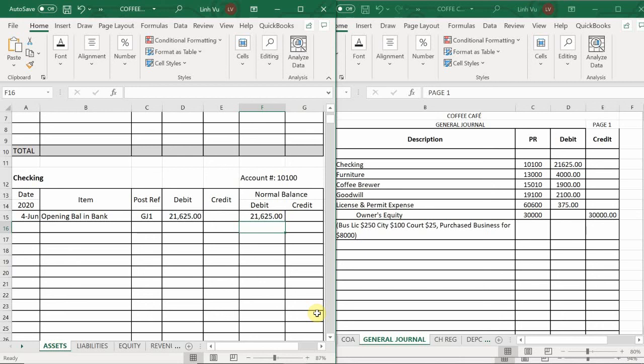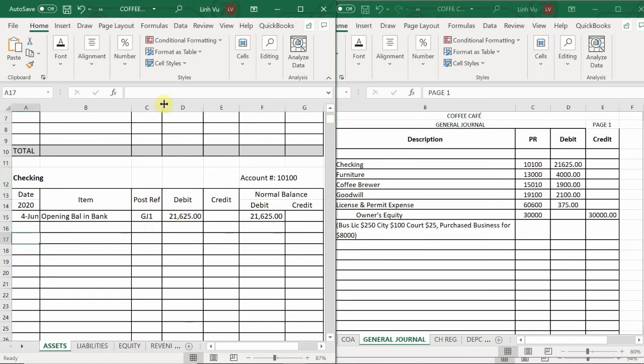So in my checking account, I should have $21,625 in my bank account. All right, boom, and it's on the debit side, because we're increasing our assets. Okay, so that was our very first one.